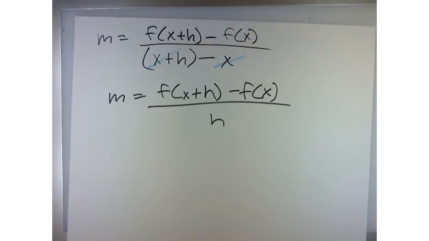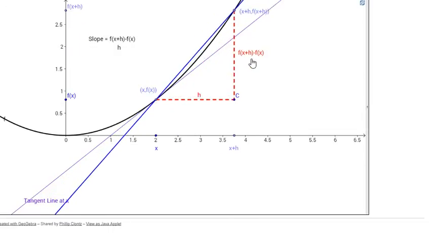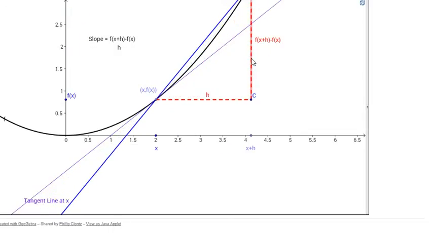So if I come in here and I look at my graph, I notice that when h is a really big number, what happens to the blue line with regards to the purple line? In this particular case, they separate, right?